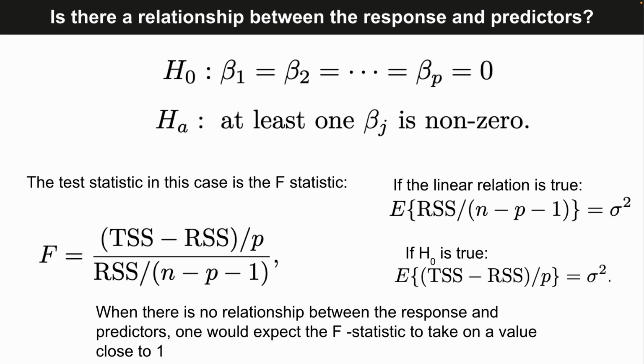The linear relationship, of course, is assumed to be true. So if you want significance, if you want your linear relationship to hold, you're looking for the F statistic to be high so you can reject this null. This is what you're trying to reject overall.